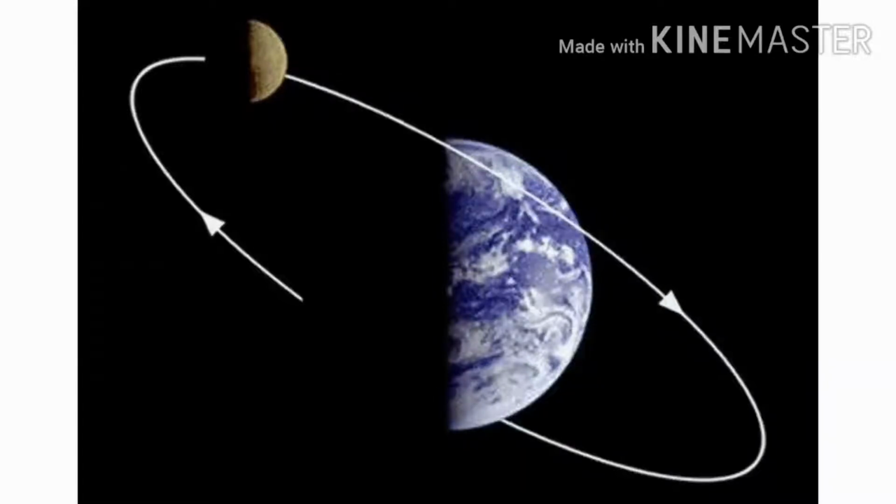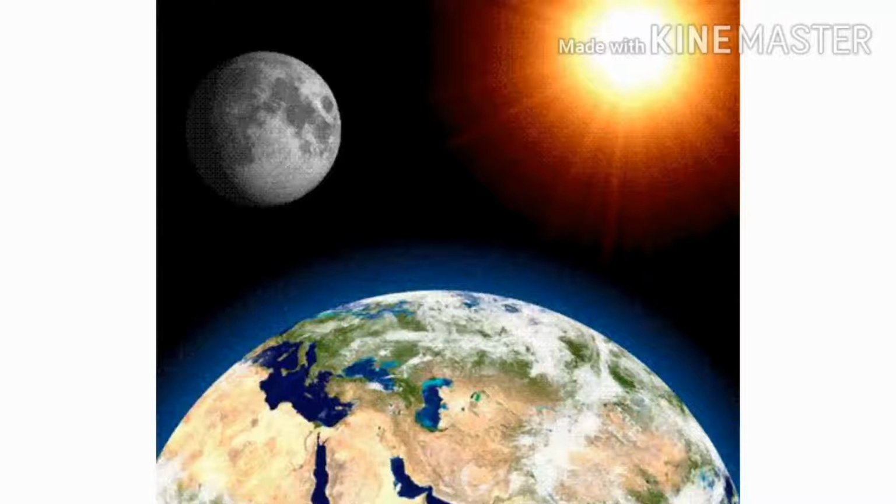The moon revolves around the earth in an elliptical orbit. It is called the natural satellite of the earth. Right? It does not have light of its own, but can you imagine, children, how the moon shines at night?